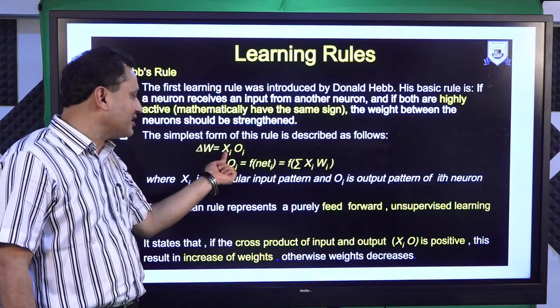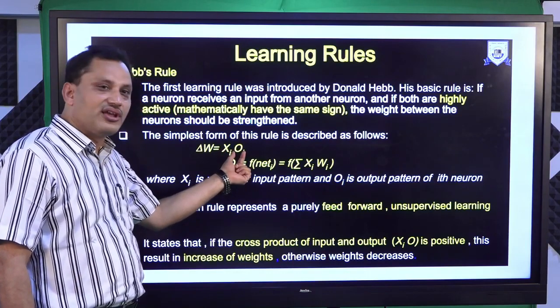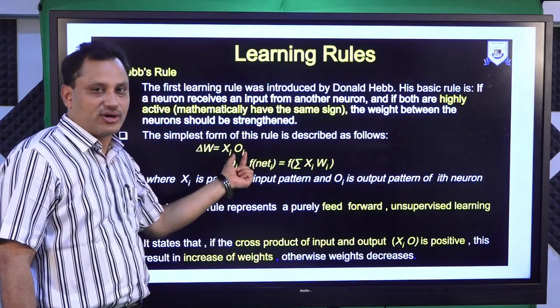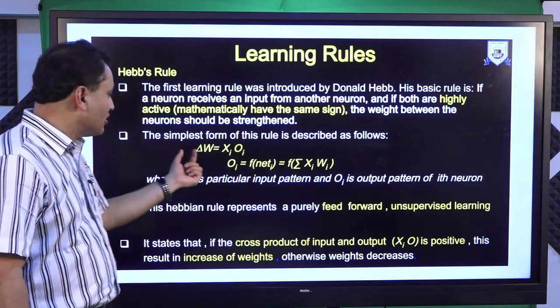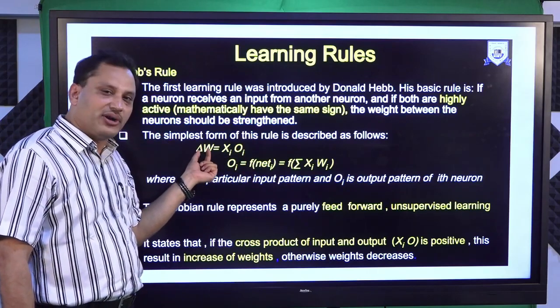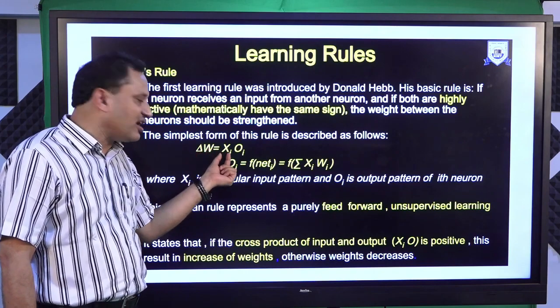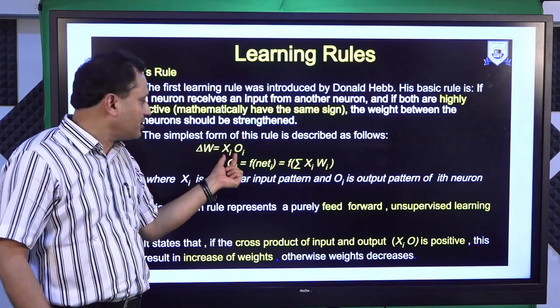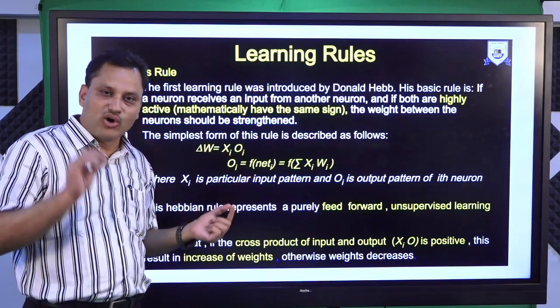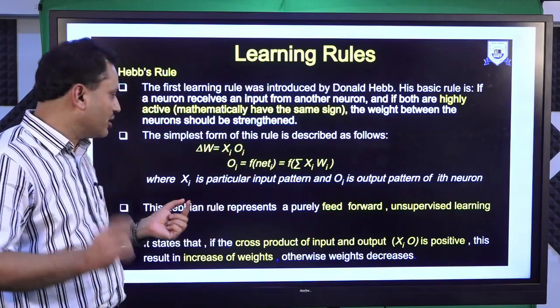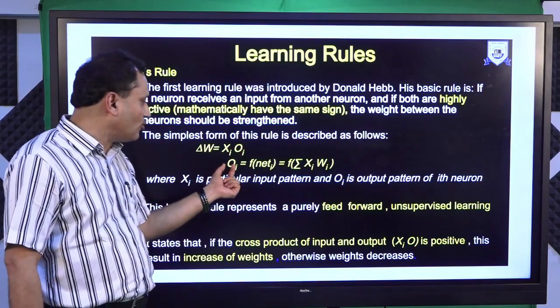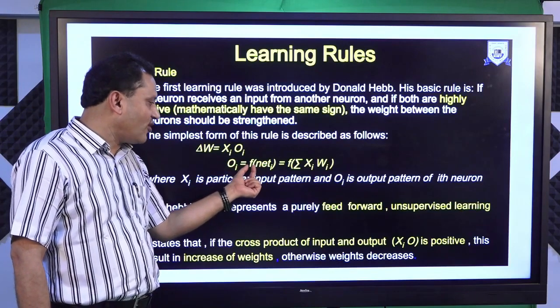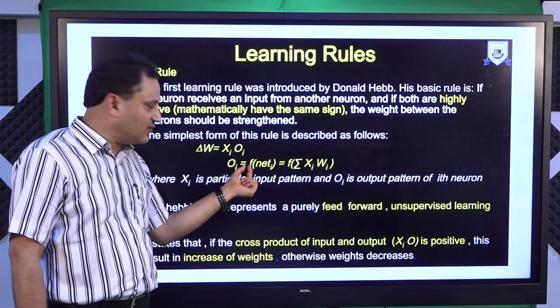Xi is the ith input pattern and Oi is the output of the ith neuron. Let me clarify: delta omega represents the change in weight, Xi represents the ith input pattern, and Oi represents the output of the ith neuron in a neural network. How can we calculate Oi? It is f of net i, where f is the activation function.